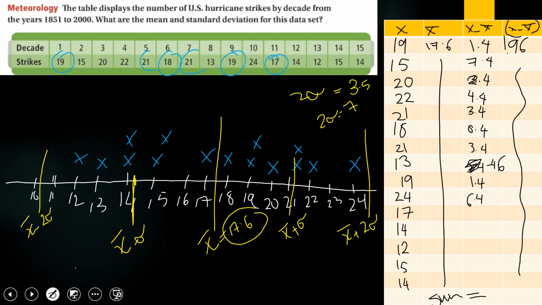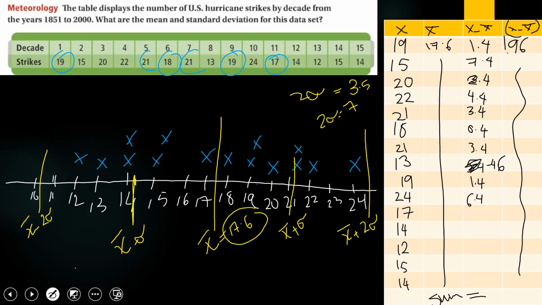And then you can find x plus 3 sigma and x minus 3 sigma. Now, the question is, within how many standard deviations from the mean will all the values be acceptable? Within how many standard deviations? All the values will be acceptable.